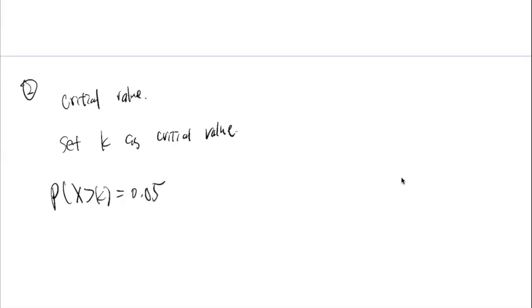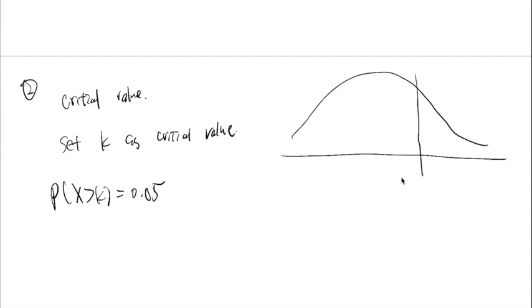A graph representation of that is a normal distribution, and we have a boundary for the rejection zone, and the value of that is equal to k. The area on the right of this rejection zone is equal to 0.05.